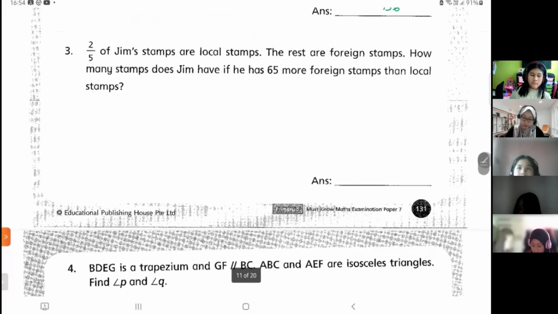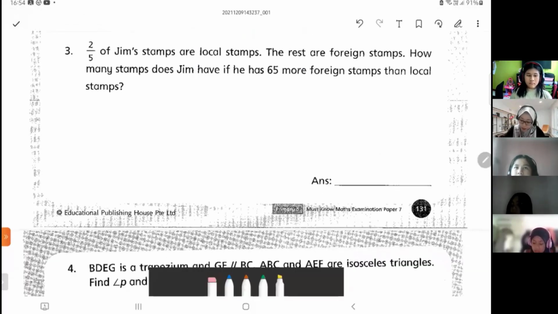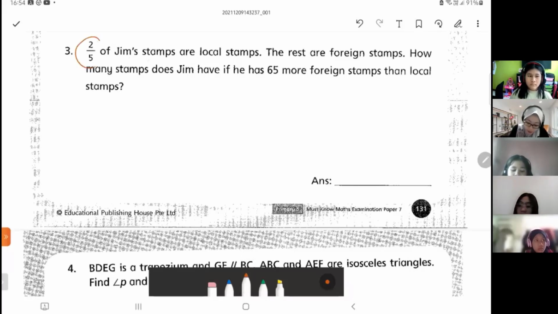Next one. This is the speed I'm going to go through. 2/5 of Jim's stamps are local stamps. The rest are foreign stamps. How many stamps does Jim have if he has 65 more foreign stamps than local stamps? For this one, what you can do is draw a part-whole model, which means 1 line.